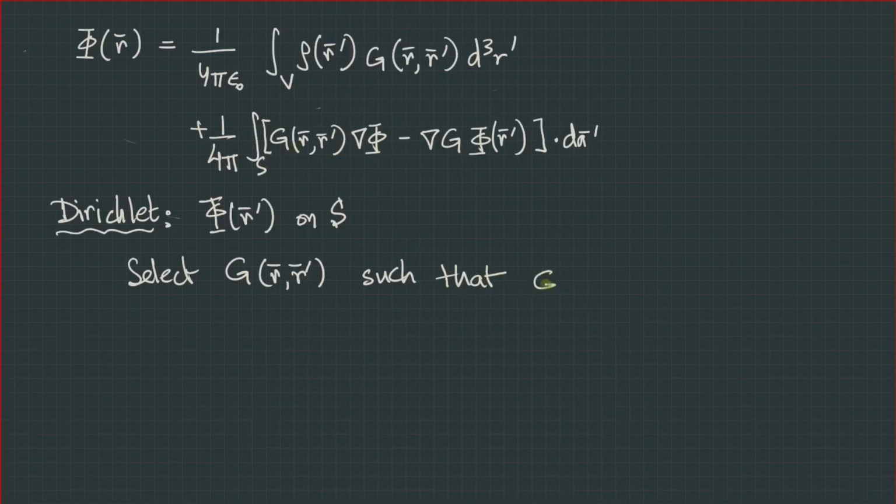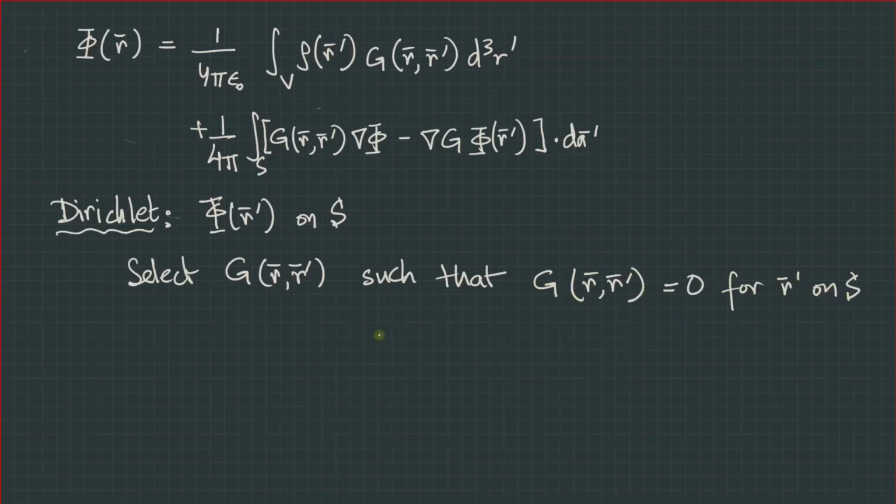So basically G of r' is equal to 0 on S, alright? Specifically for r' on the surface. So on the surface, this function should be 0.